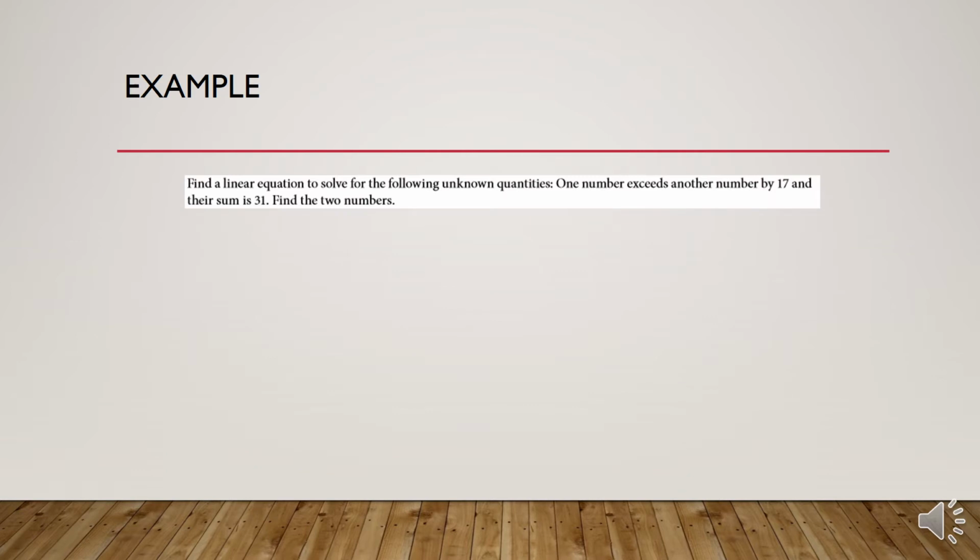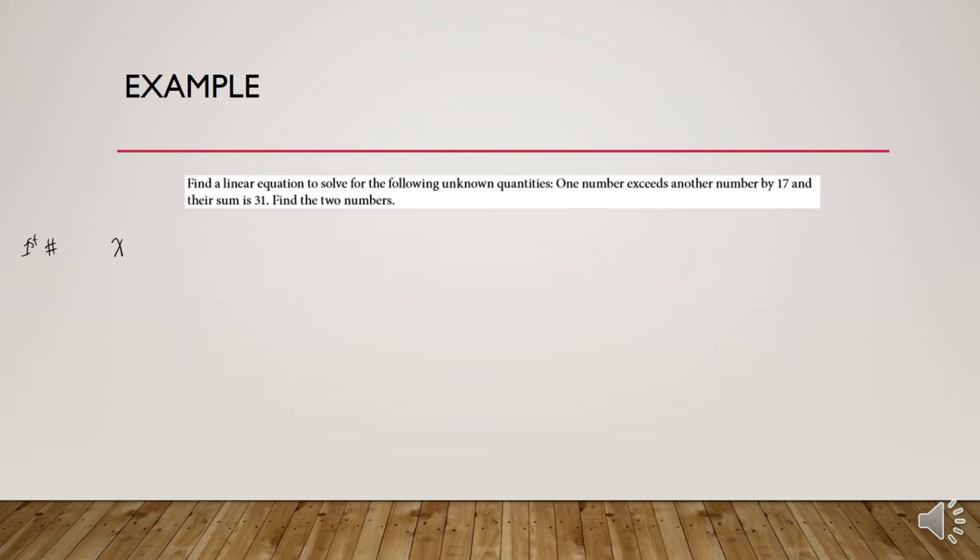So first thing here, we're going to find a linear equation to solve for the following unknown quantities. One number exceeds another number by 17, and their sum is 31. Find the two numbers. So the first thing that we're going to do is write down what we are looking for. We're saying that one number, we'll call that x. This is our first number.